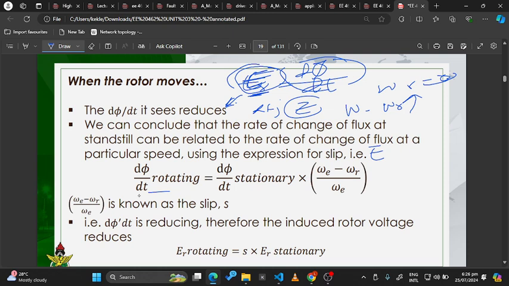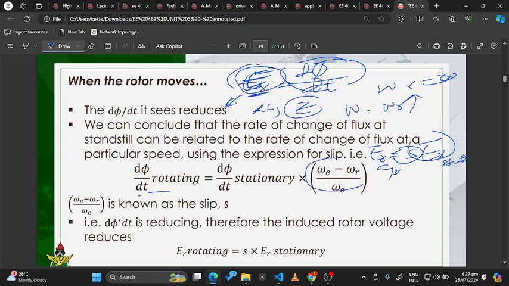I hope that's okay. So then the EMF at any speed is equal to what? It would depend on the change in the synchronous speed and the rotor speed. Okay. So we said that the EMF at any speed is equal to the slip times the EMF that was induced at starting.